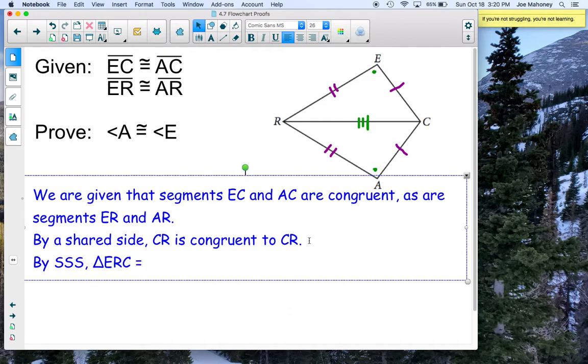I'll do a congruent symbol in a second. Congruent to, let's see if I want ERC, I got to go to triangle ARC. And then once I know the triangles are congruent, by CPCTC, I know that the other parts are congruent. So we'll say by CPCTC, remember CPCTC, corresponding parts of congruent triangles are congruent.